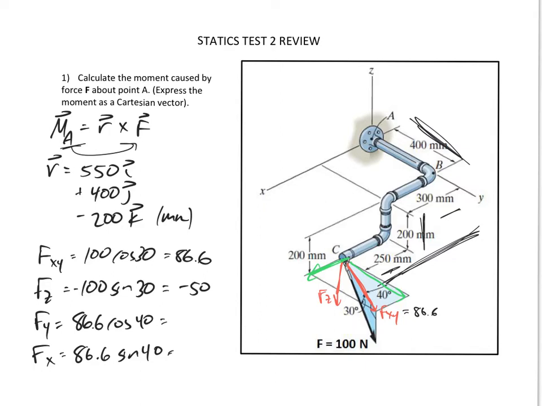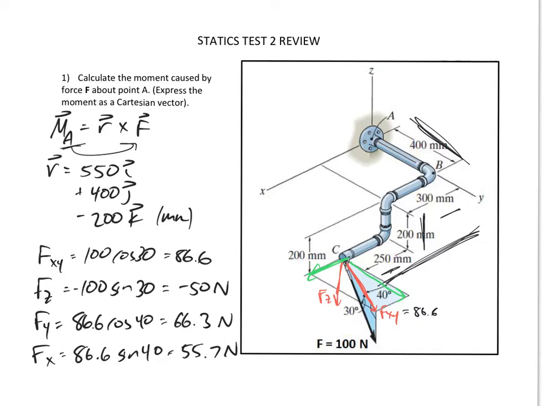So fy would be 66.3, and fx 55.7. So here we have z, y, x. I have all three components for this F.